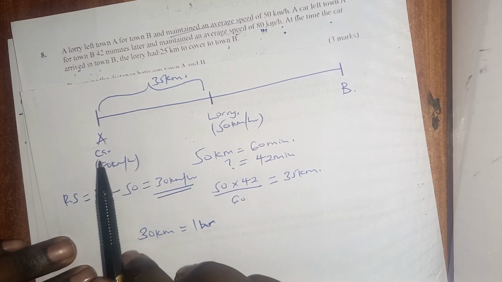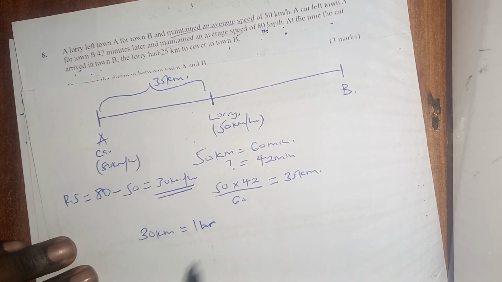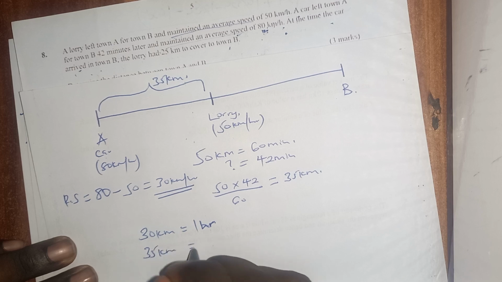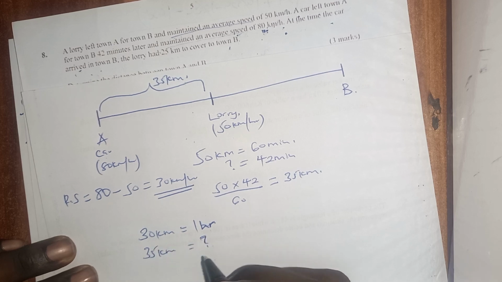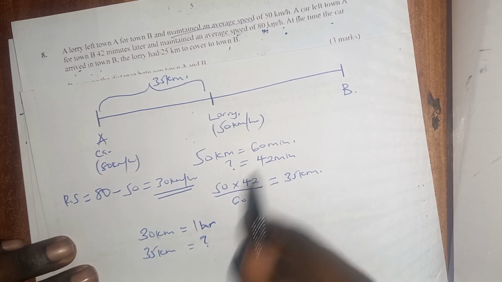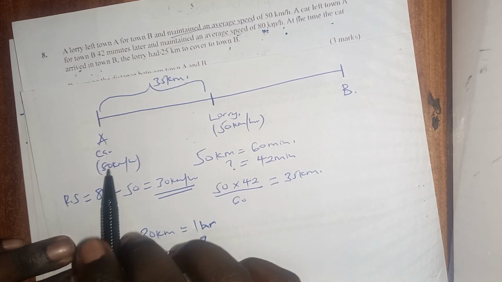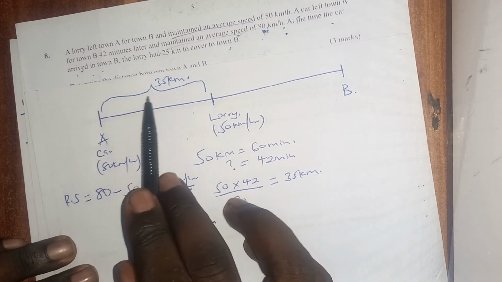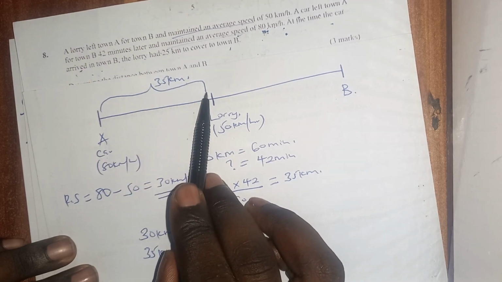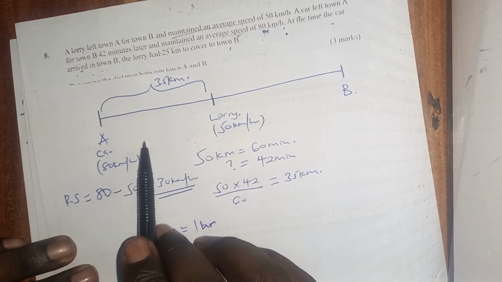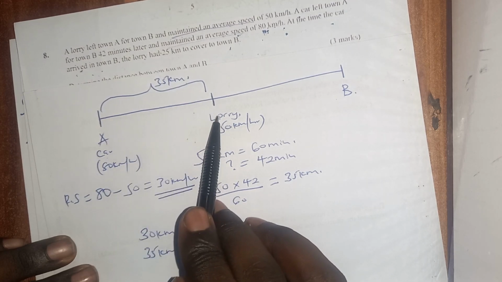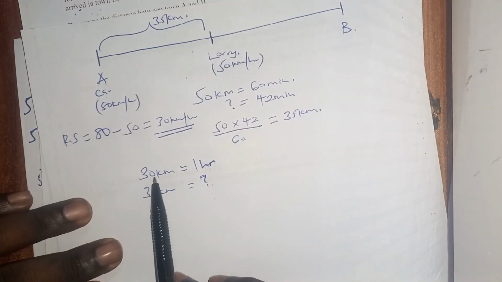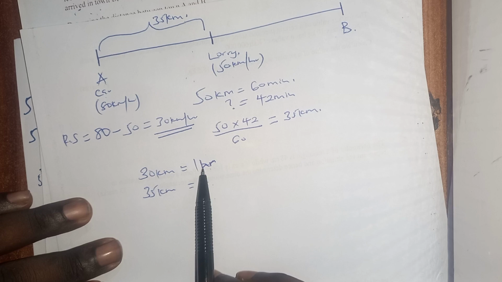But now the distance between the car and the lorry is 35 kilometers. How long will it take for it to get to the lorry? The car starts at 80 kilometers per hour. The lorry is moving at 50 kilometers per hour. The distance between them is 35 kilometers. So the relative speed is 30 kilometers per hour. The distance to be covered to get to the lorry is 35 kilometers.